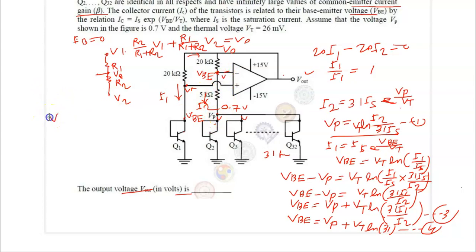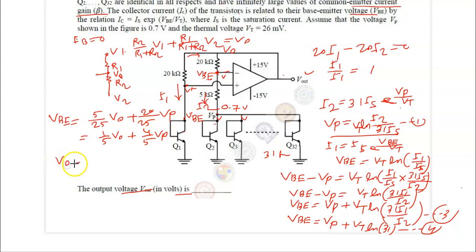So your VBE is equal to, first assume VP is 0, so 5 upon 25 V0, plus assume the V out is 0, so you have 20 upon 25 VP, which is equal to 1 upon 5 V0 plus 4 upon 5 VP.